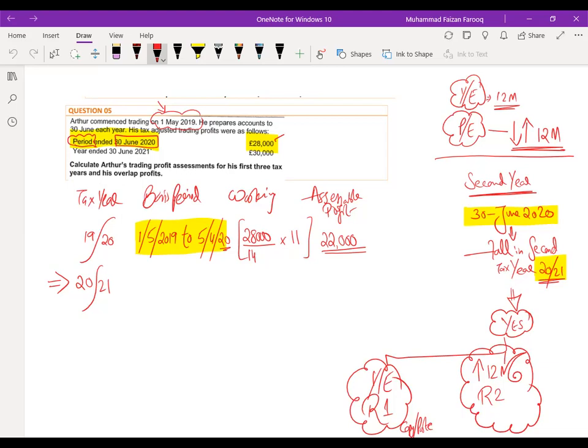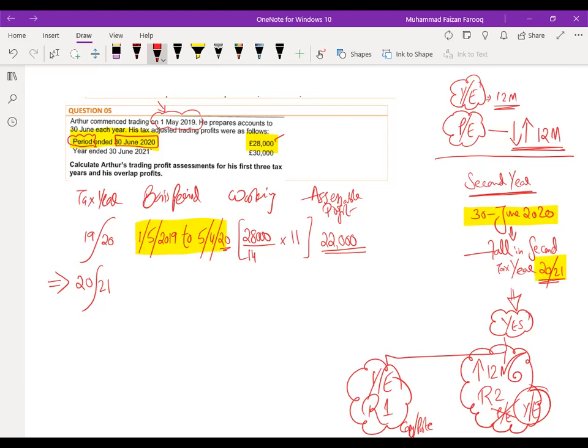The rule is you make period end into year end. How to do it? I will tell you. Just remember it, it will go from your head, I know, but relax. Just remember that rule 2 is convert your period end into year end.